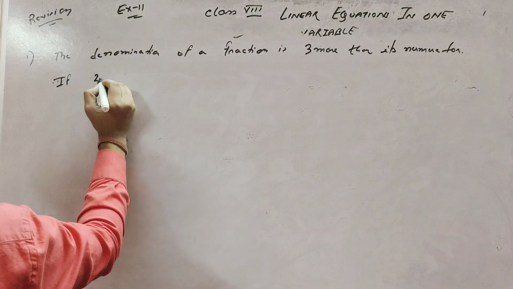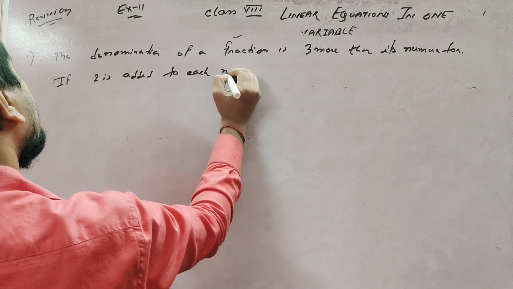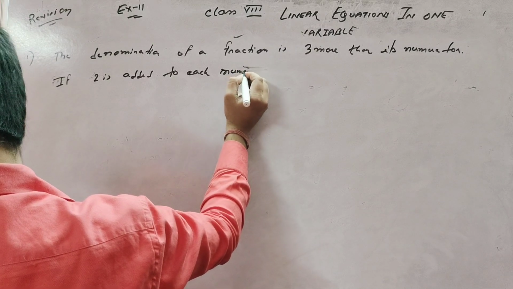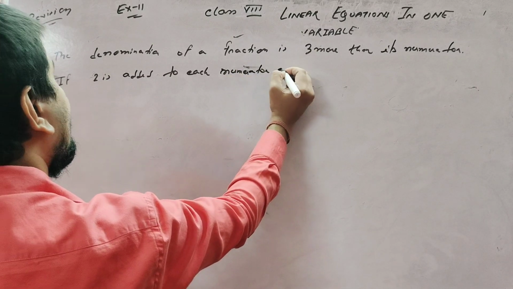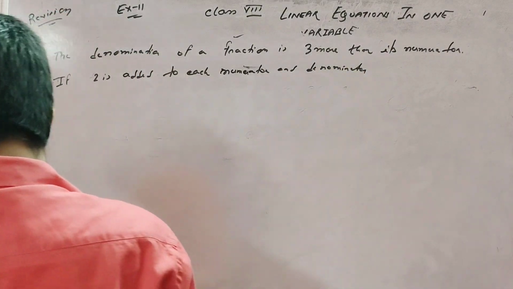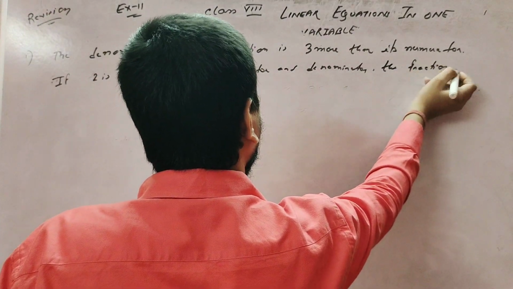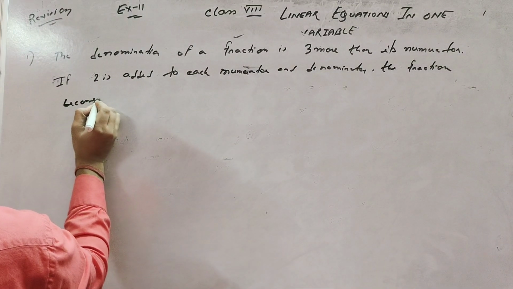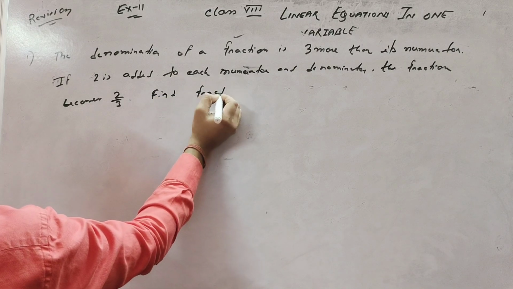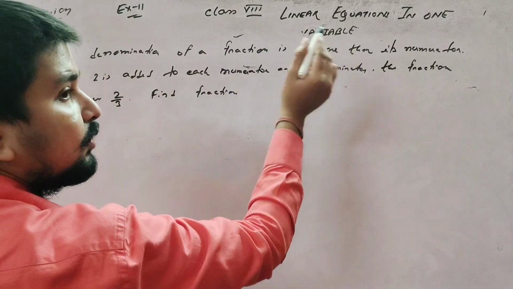If 2 is added to each of the numerator and denominator, the fraction becomes 2/3. Find the fraction. Again, I repeat: the denominator of a fraction is 3 more than its numerator.